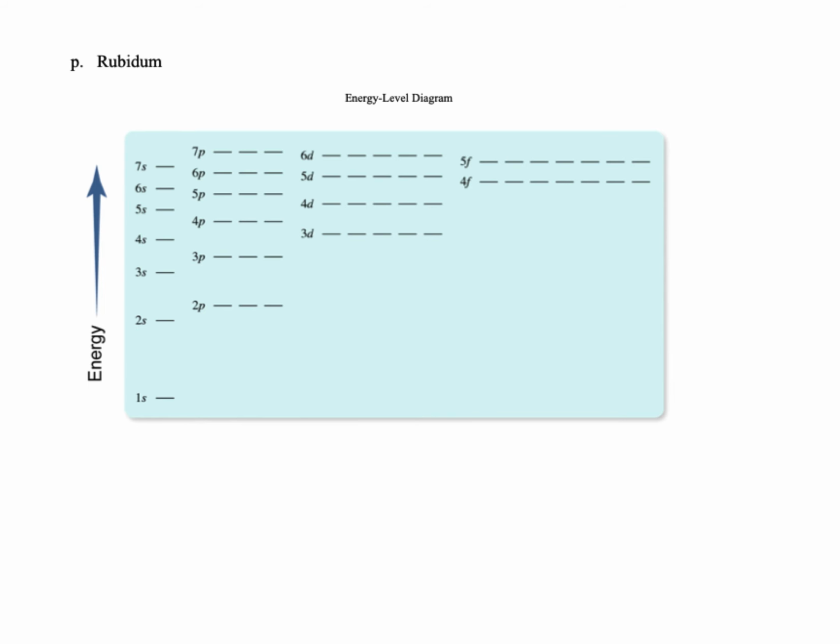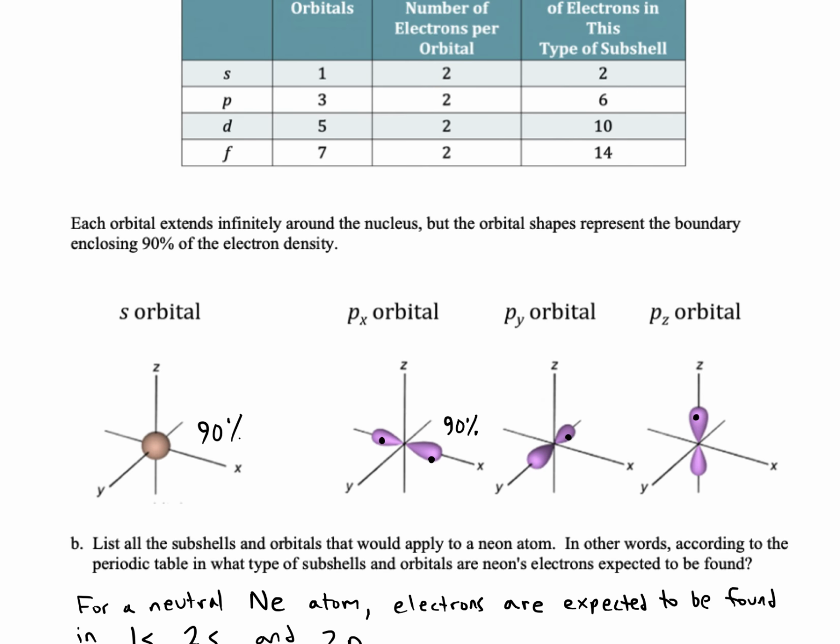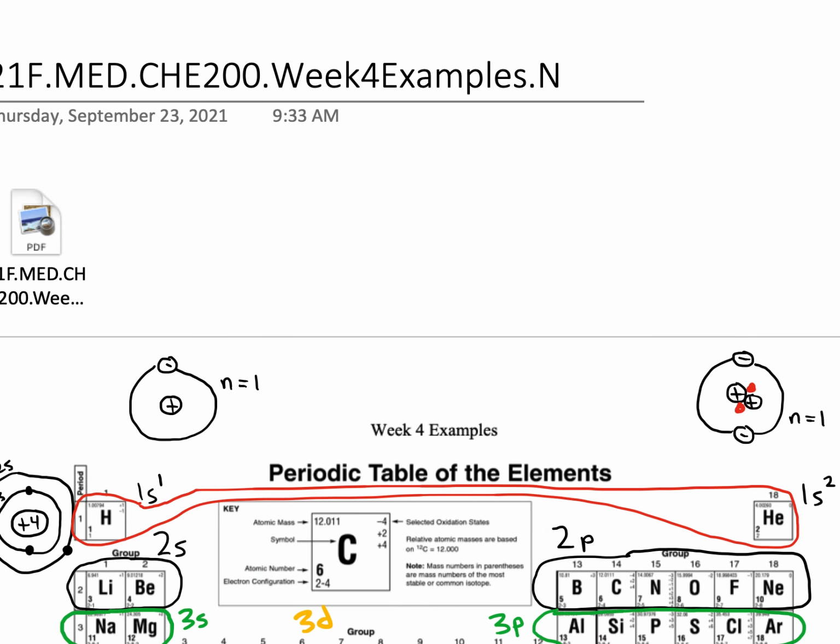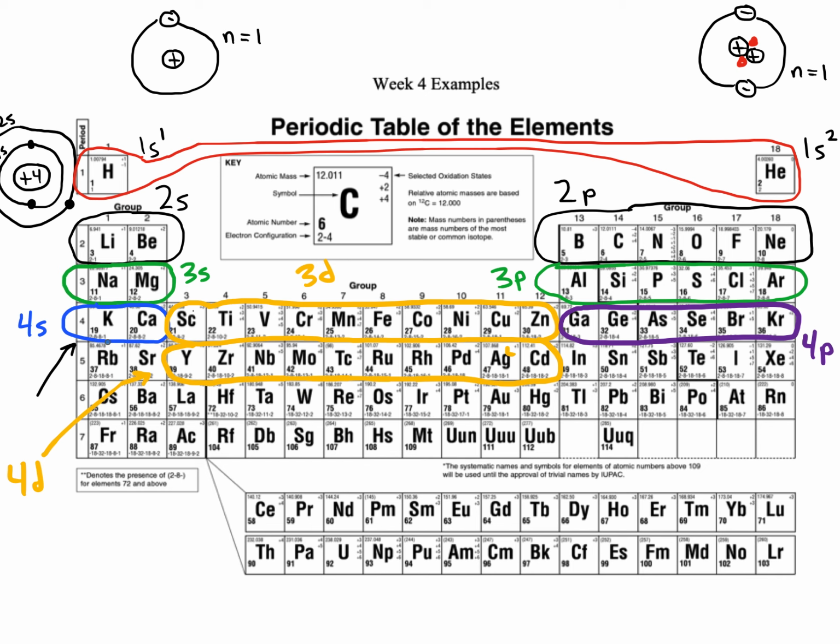For my last example, we'll do a diagram for rubidium and write its electron configuration. So rubidium is found here in what would be called the 5s subshell. So we're going to fill everything up through krypton and then just put one more electron.